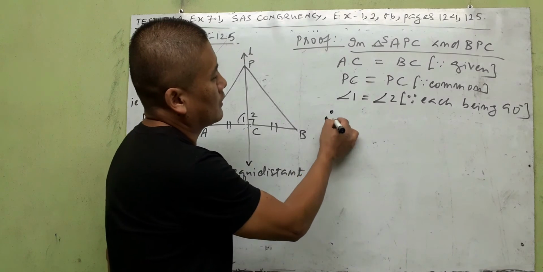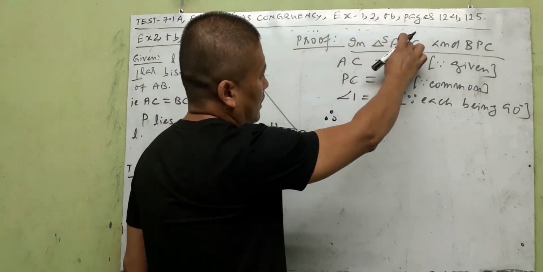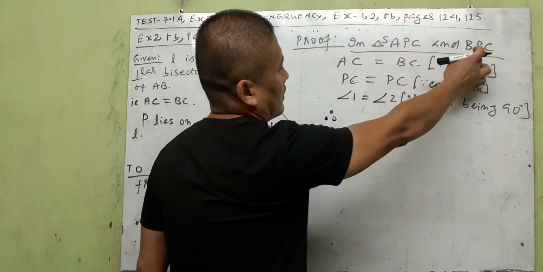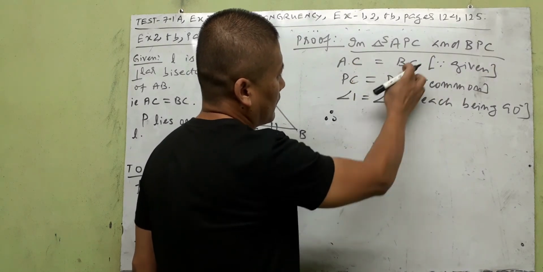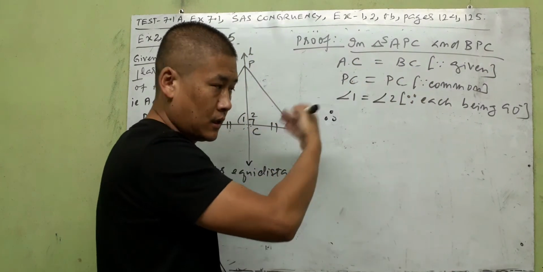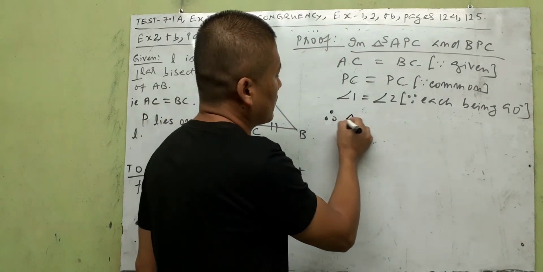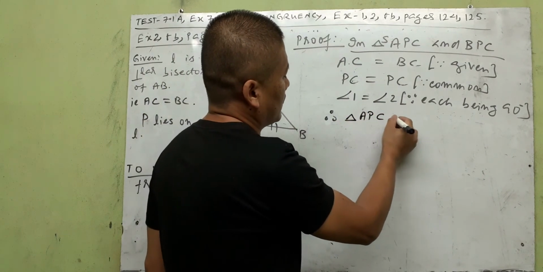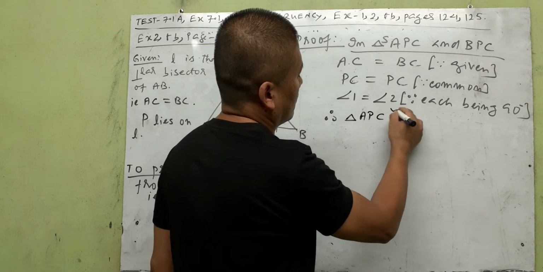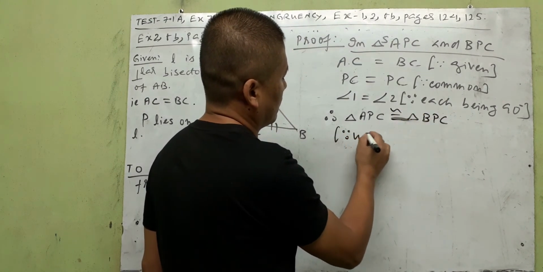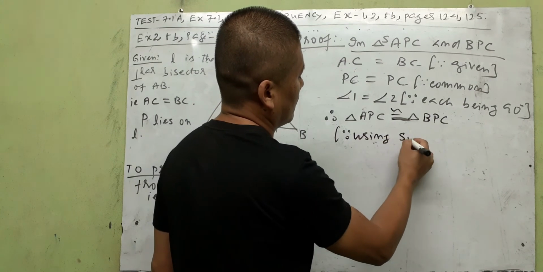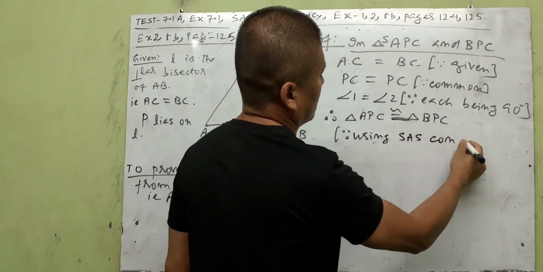So we see two sides of triangle APC are equal to two sides of triangle BPC, and the angle between AC and PC, angle 1, and the angle between BC and PC, the two equal sides, angle 2, are equal. Therefore triangle APC is congruent to triangle BPC by the SAS congruency condition.